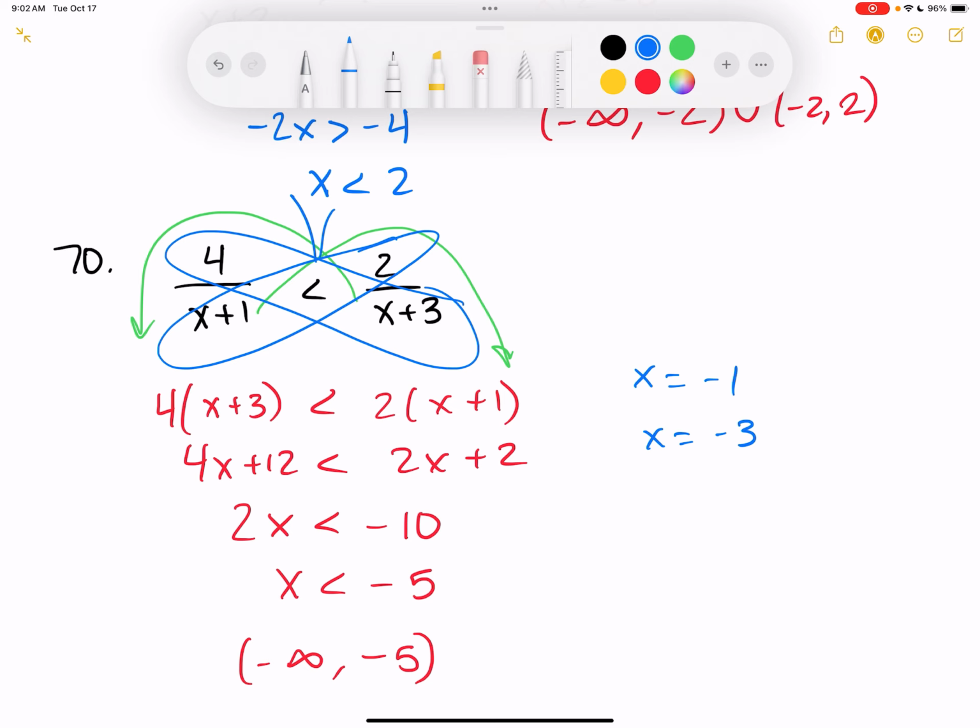Negative 3 would be over here somewhere, and so would negative 1. So that's actually outside my interval. So yes, I do care about it, but because it's not listed in my interval, I don't have to do anything special. Yay. If it had been, then I would have been unioning multiple things together. We don't like that. It's a lot more effort.